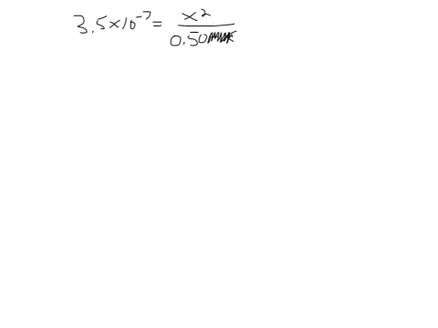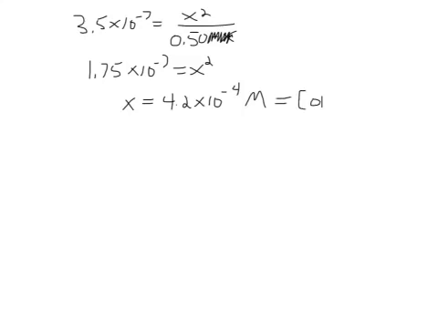To solve the problem, I multiply both sides by a half, so I get 1.75 times 10 to the minus 7 is equal to x squared. I take the square root of both sides, and I find out that my x is 4.2 times 10 to the minus 4. And from the previous slide on our ice table, this is equal to the hydroxide ion concentration.